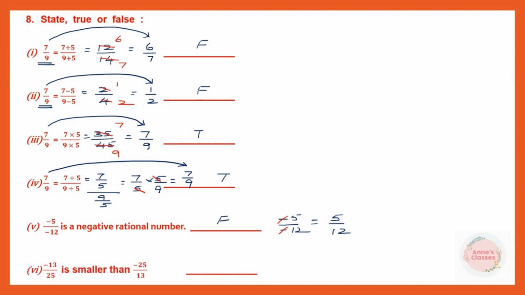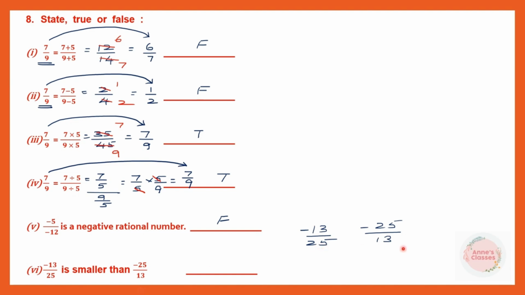Question 6. Minus 13 by 25 is smaller than minus 25 by 13. Now to find out if this is smaller than this, we have to compare them. Now how do we compare rational numbers? We have minus 13 by 25 and we have minus 25 by 13. There are two ways of comparing numbers like this, fractions or rational numbers.